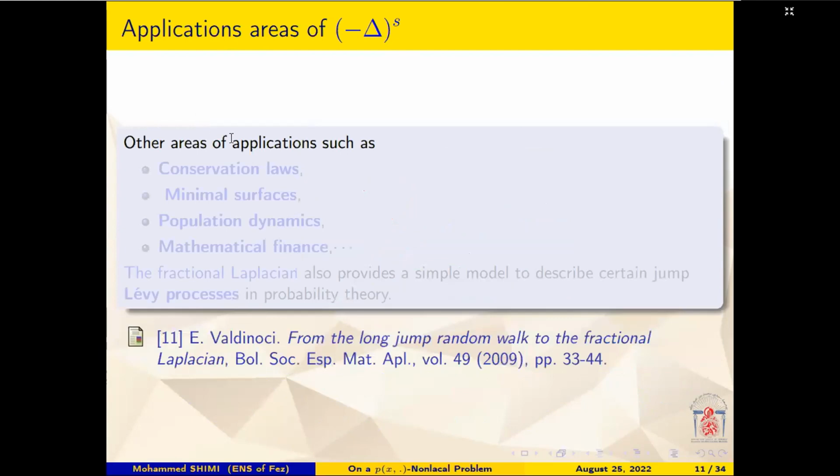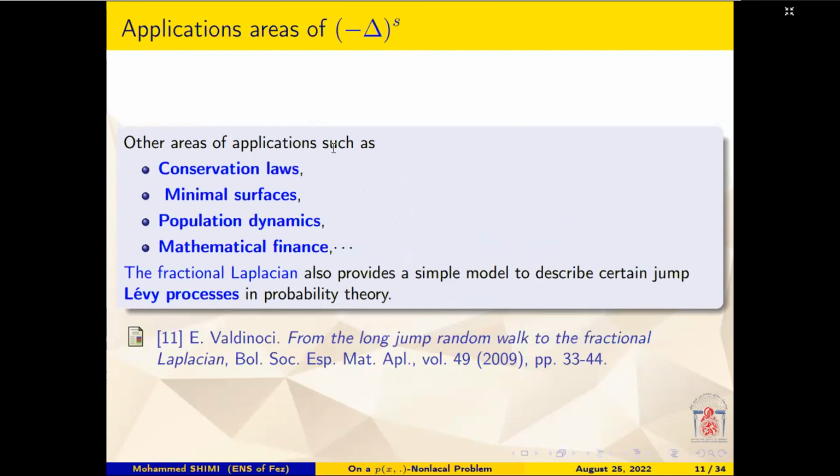There are other areas of applications such as conservation laws, minimal surfaces, population dynamics, mathematical finance. Also, the fractional Laplacian provides a simple model to describe certain jump Lévy processes in probability theory.